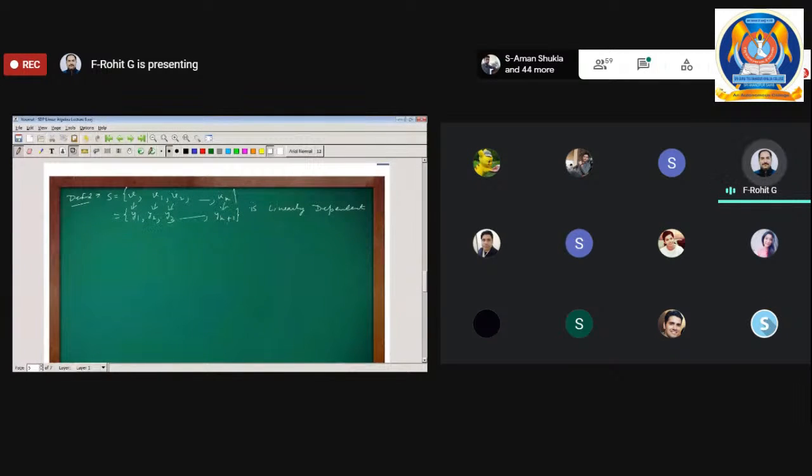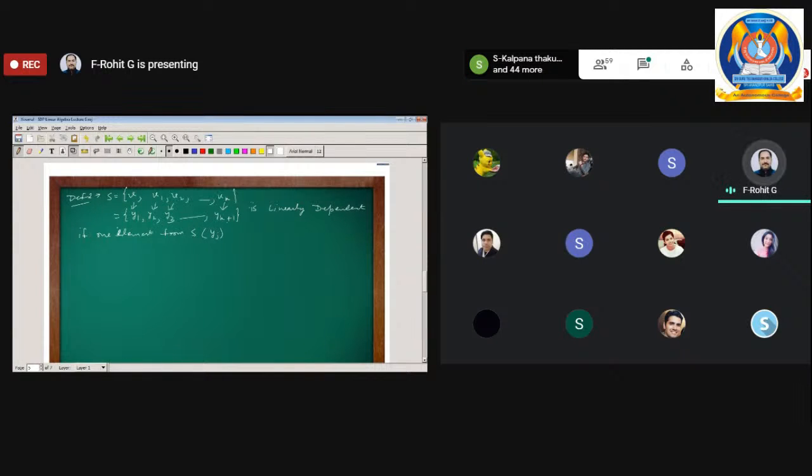I will say that this set is linearly dependent if one element from S, I will say that element is Yj, right?